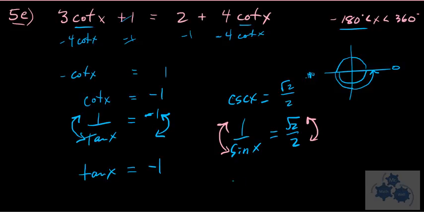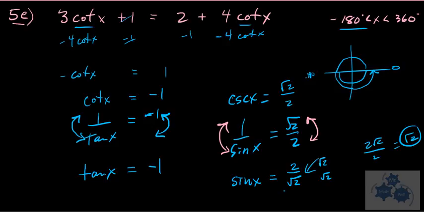And we get sine x equals 2 over root 2. Yeah, you can have a radical on the bottom. It's not in simplest form, so you would multiply by root 2 if you want to write this in simplest form. And you get 2 root 2 over 2, which is root 2. So 2 over root 2 is the same as square root 2. But that's just a random example. But that's what you do.